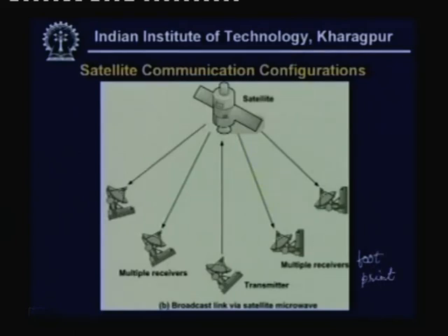All the ground stations under the footprint of the satellite can receive signal from here. Here you have one transmitter. From this transmitter the signal goes to the satellite, then it is broadcast to a number of other stations. So this is a broadcast link via satellite microwave communication.